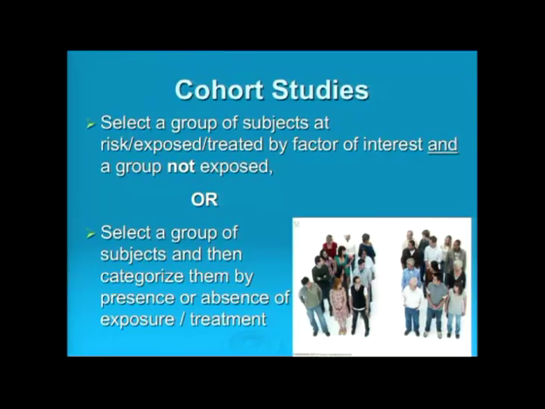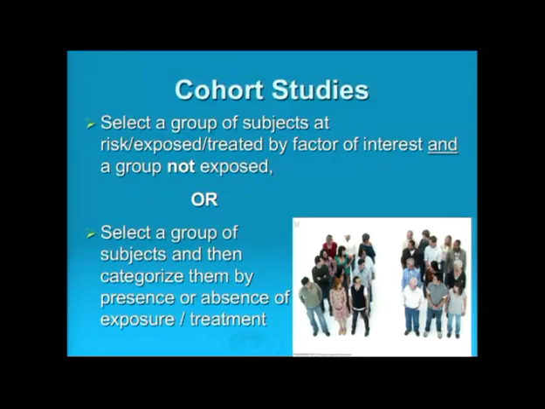So, for instance, if you're looking for an exposure that is less common, you probably are going to have to go out and find people with that exposure and enroll them, and then enroll a group of unexposed people. But I think in the introductory presentation, I mentioned the Framingham study. That was a cohort study. And in Framingham, they did the latter option.